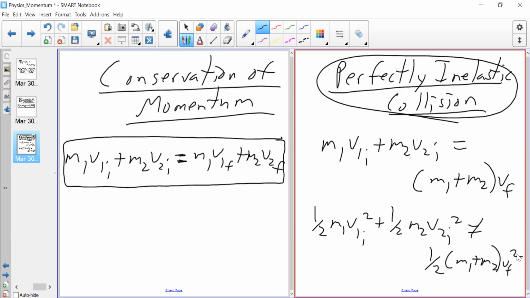And the reason why is because some of the energy is going to be lost to heat, to the environment, the sound of the impact, screeching of tires. Those are all forms of energy being lost, let's just say, for the sake of argument, to keep it simple. So the energy is not going to be saved in these types of collisions in the perfectly inelastic world.